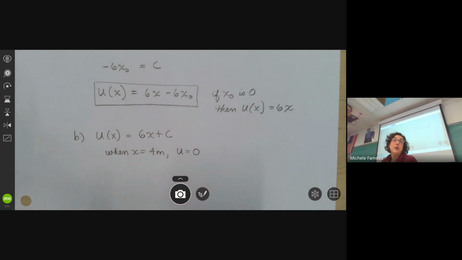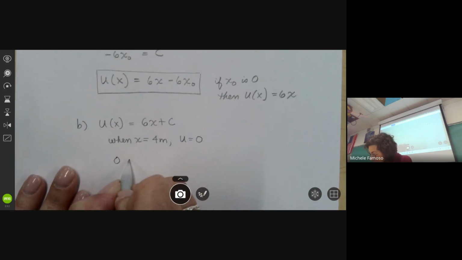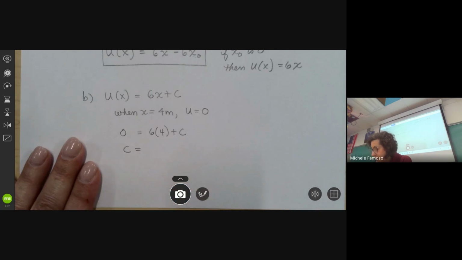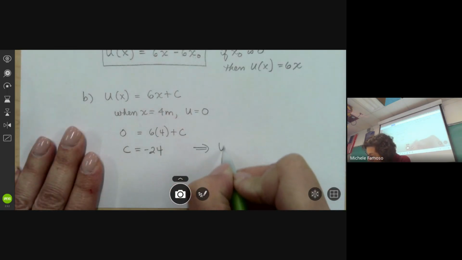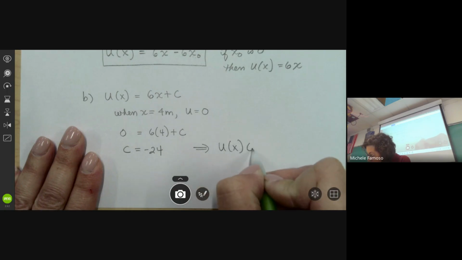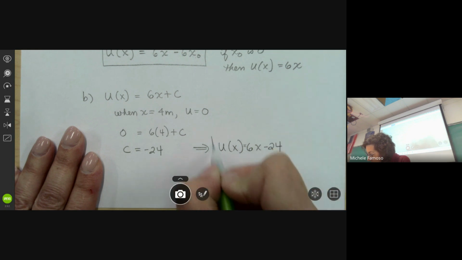So we're basically now figuring out what the constant is. So we're going to say that 0 is 6 times 4 plus the constant. So what is the constant now? Negative 24, which means that the potential energy as a function of position would be equal to 6x minus 24.